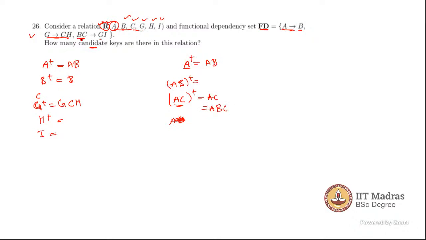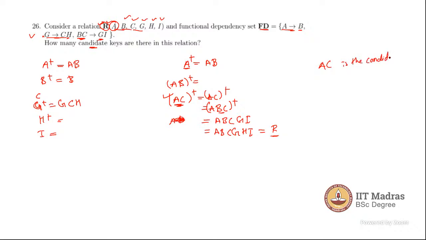Now from BC we can get GI, that is A, B, C, G, I. So I am calculating the closure of this. The closure of AC is ABC, and the closure of ABC is ABCGI. Now from G I can get CH. A, B, C is already here, so we get A, B, C, G, H, I. So I can determine all the attributes of relation R from this set of attributes, that is AC. So AC is the candidate key here.